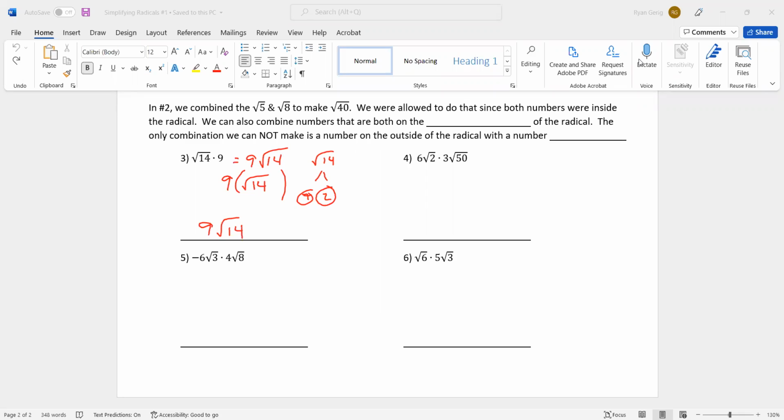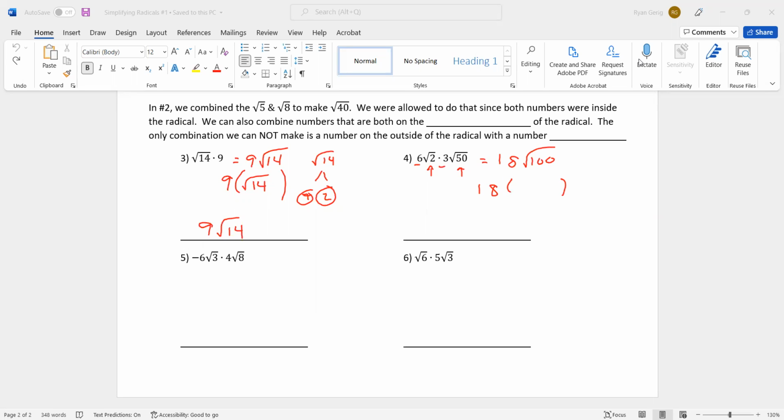Okay, number 4 here. I've got numbers on the outside, 6 and 3, and I've got numbers on the inside, 2 and 50. I'm going to multiply what I can multiply together. So 6 and 3 makes 18. 2 and 50 makes 100. Now this is a good example of one of the times when stopping and thinking for a second can be helpful. A lot of you know what the square root of 100 is.